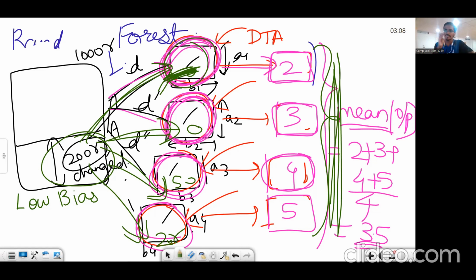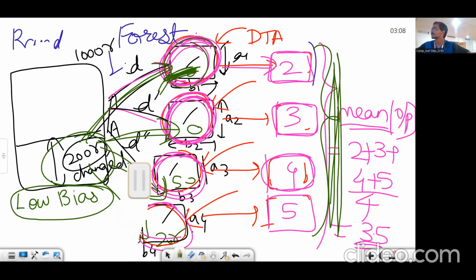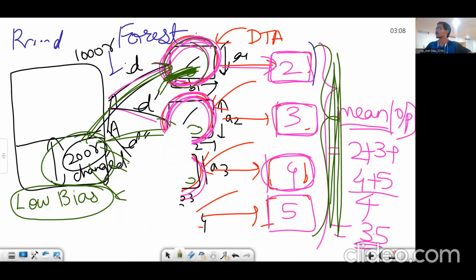If you give an example from the training data set itself, it will work very well. But if you give a new example from the testing data set, it will not work well. So on the training data set you are working very well. This is called low bias. But on the testing data set, you'll get high variance.